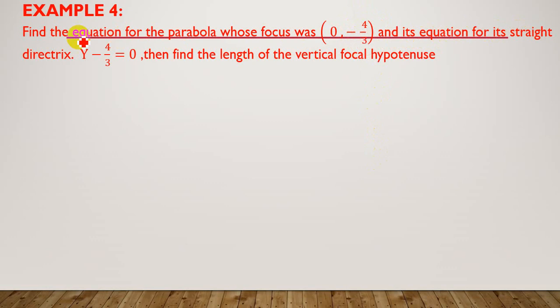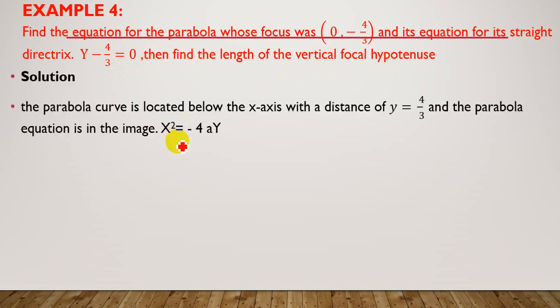Each equation from the straight line y minus 4 over 3, to find the length of the focal chord. Very nice. See, once we have this one, this is the distance.